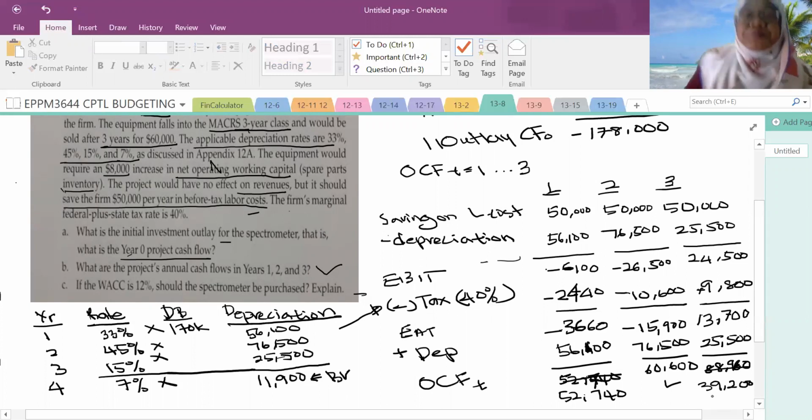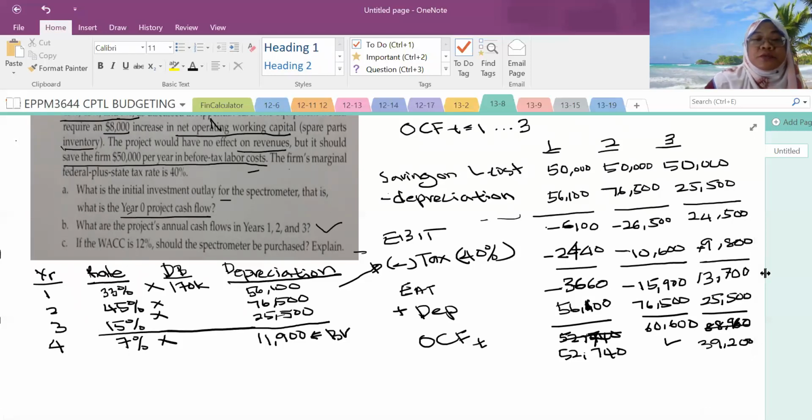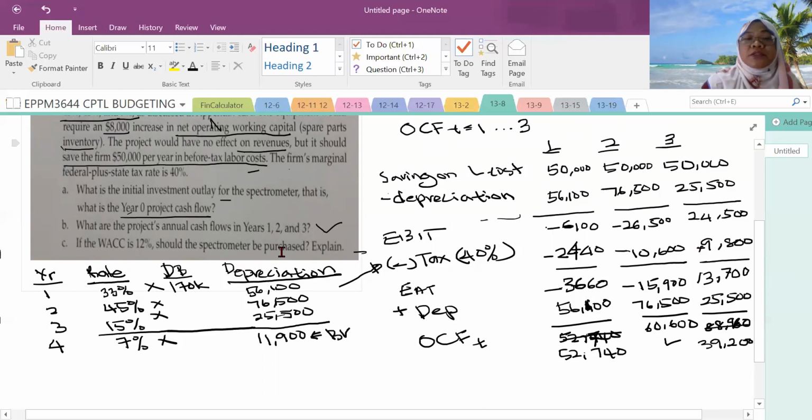Okay, now move on to the next one. C, if the WACC is 12%, should the spectrometer be purchased? Explain.